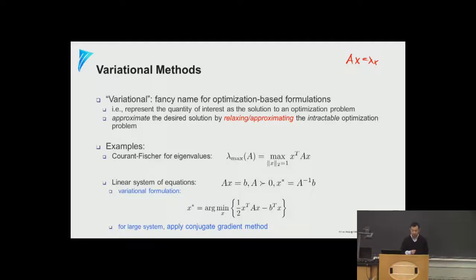But you can also reformulate it using this Courant-Fischer formula to define lambda as the solution of the following optimization problem. It's just the product of these three terms, okay, with a constraint where the x is a normalized vector.